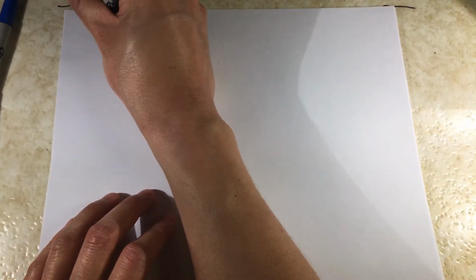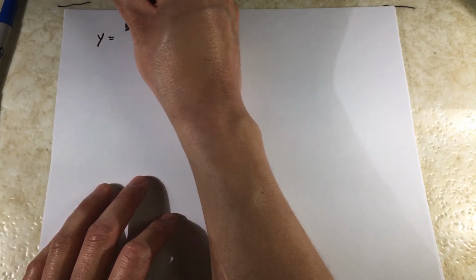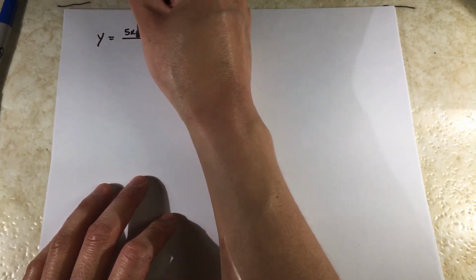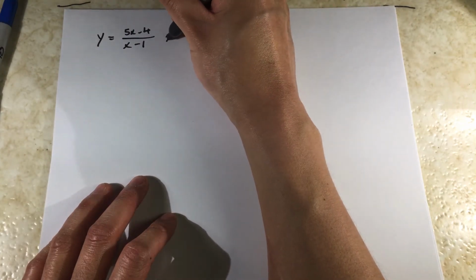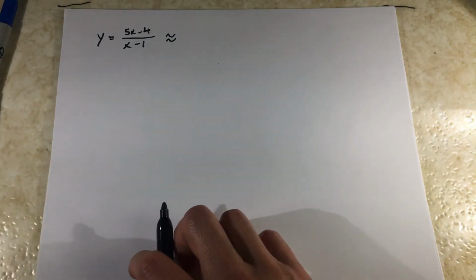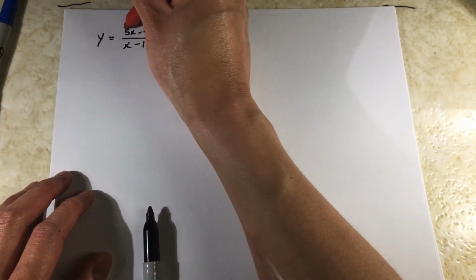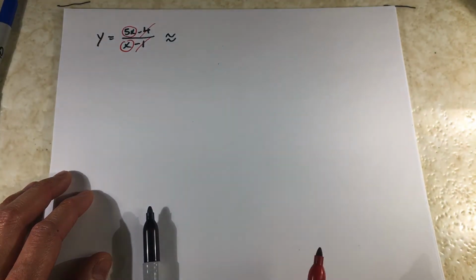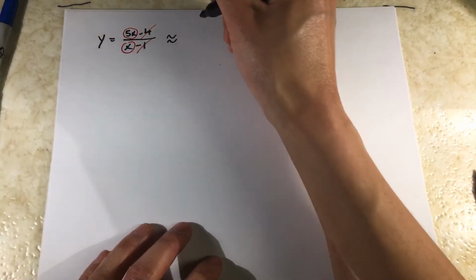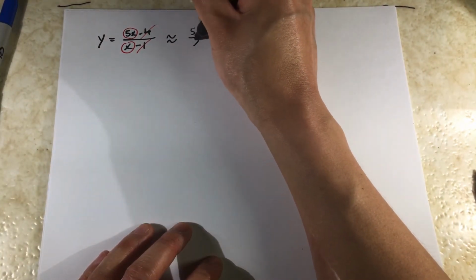All right, so let's do an example of that. We have y equals (5x minus 4) over (x minus 1). We're going to say this is approximately equal, and again, what the approximation says is we only keep our highest power of x and drop everything else. So we get 5x over x.